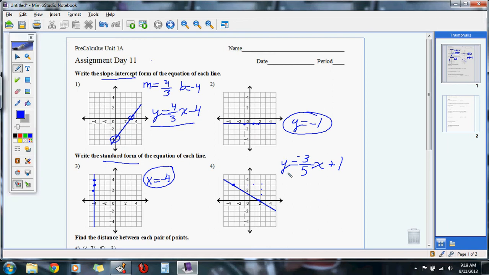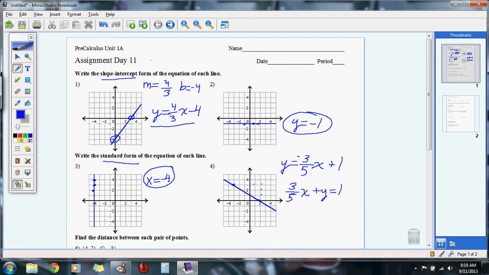Okay, here we have, let me try to fix my pen here, sorry. Here we have, in slope-intercept form, something that needs to go to standard form. So what we're going to do is add 3/5 x to both sides. Now on the left I'll have 3/5 x positive plus y equals 1.